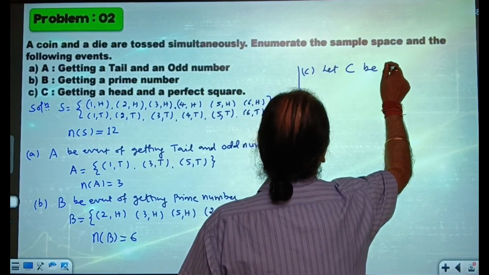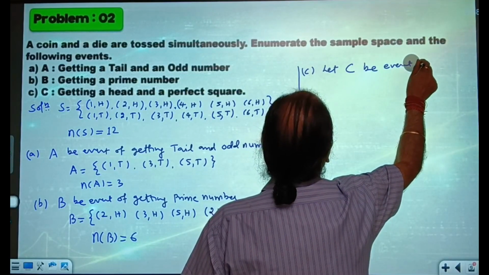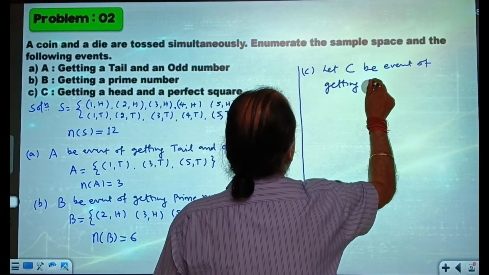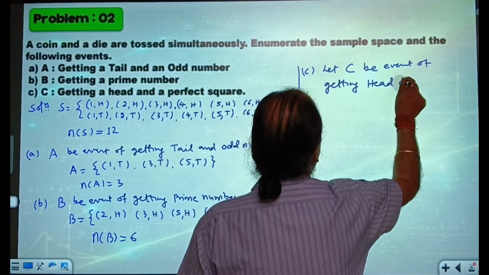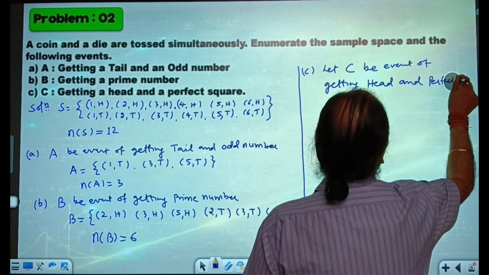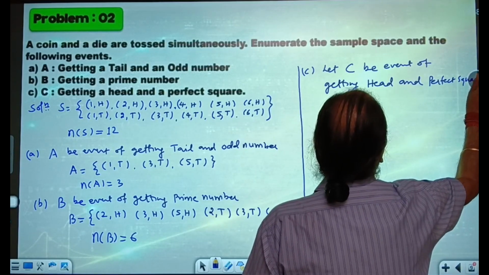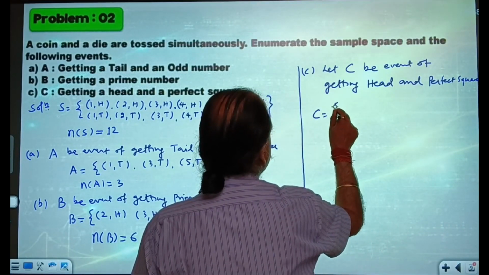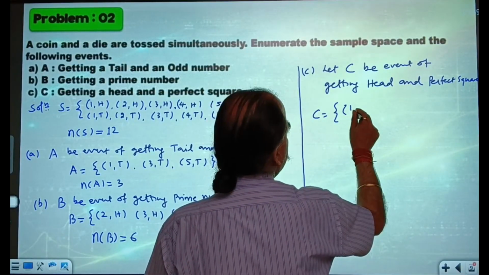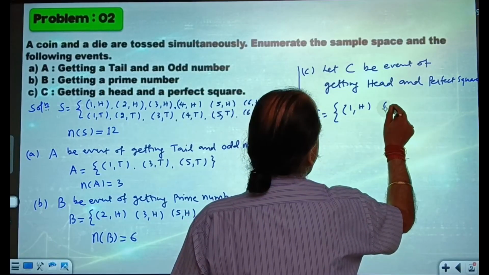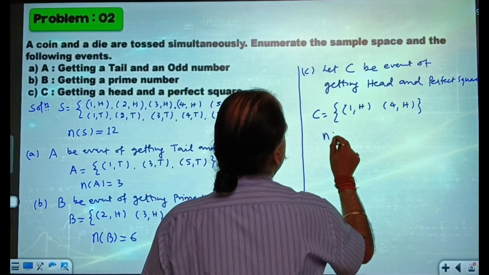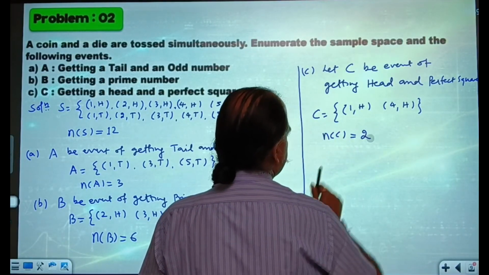C is the event of getting a head and a perfect square. So C will be what? 1H, 4H. n(C) is 2.